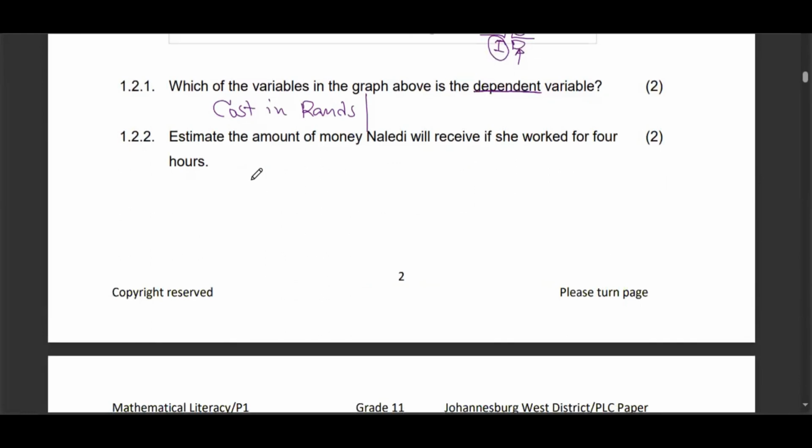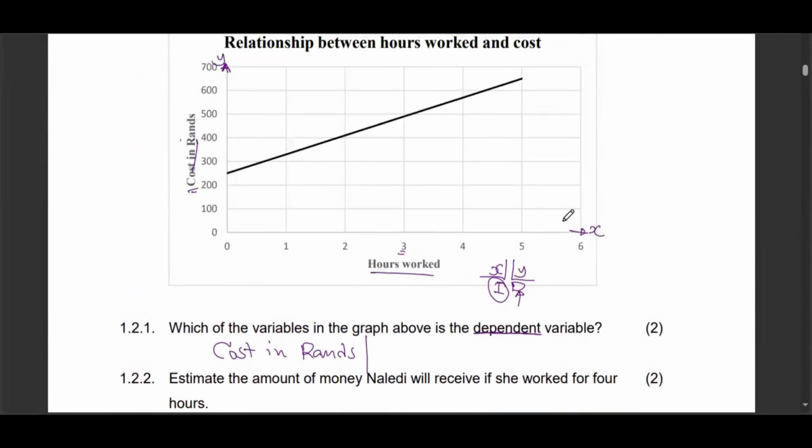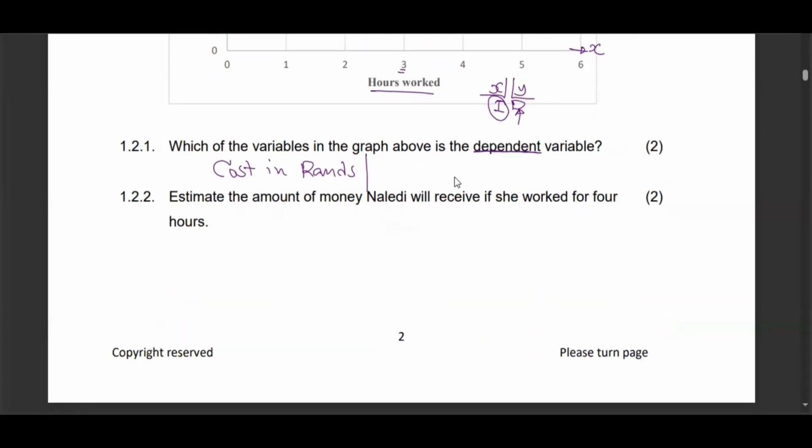All right, estimate the amount of money Naledi will receive if she worked 4 hours. Estimating 4 hours, look at where it is. It's approximately 590. We are estimating from the diagram, so we can say 580, 590.